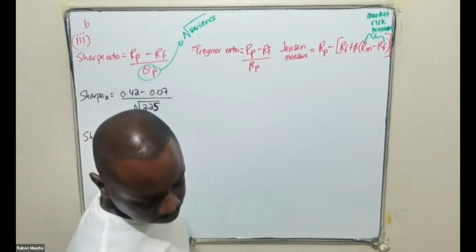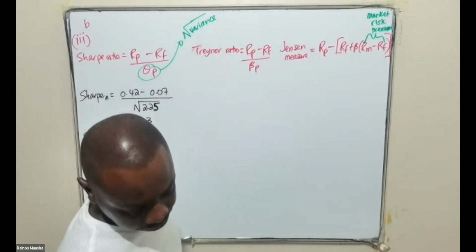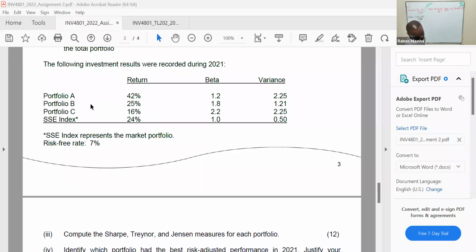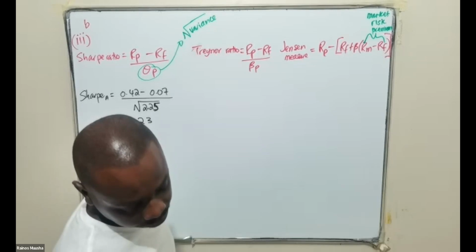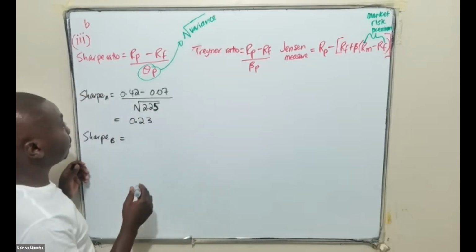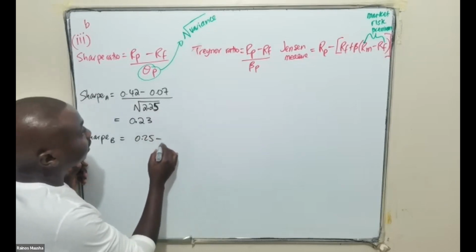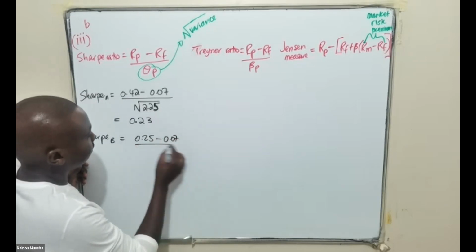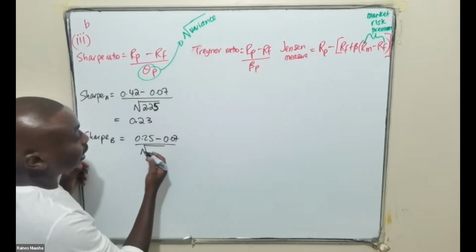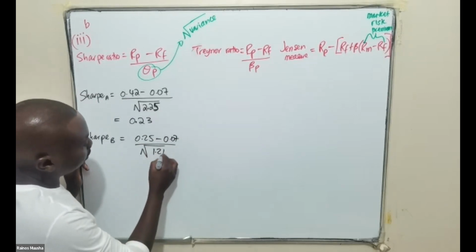Yes. All right. Now, when you move on to portfolio B, you see that your portfolio return is 25%. Remember, your risk-free rate is 7%, and they give us that the variance is equal to 1.21. So your Sharpe ratio is going to be your return of the portfolio, which is 25%, so it's 0.25 as a decimal, minus the risk-free rate of 0.07, divided by the square root of your variance, which is given as 1.21.